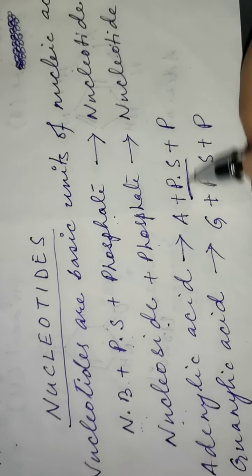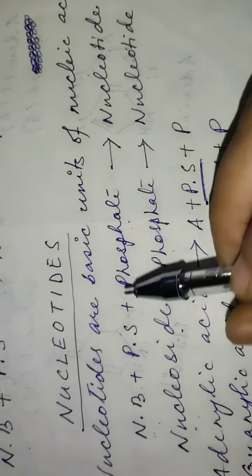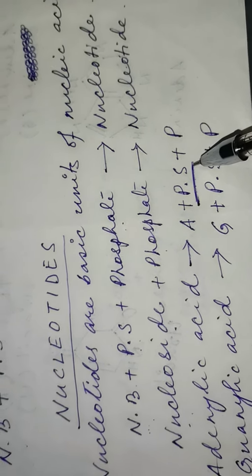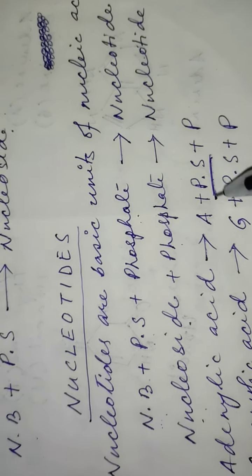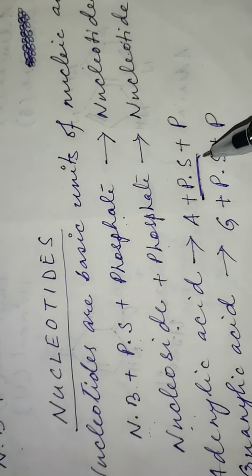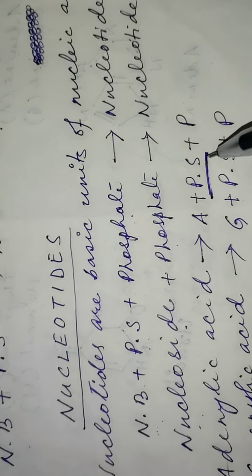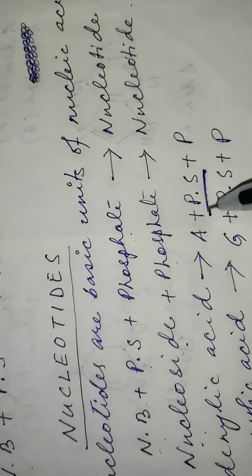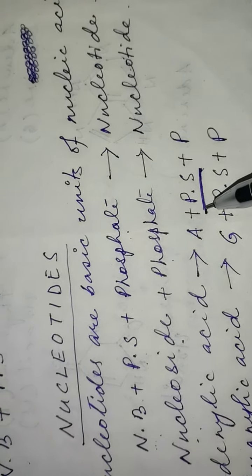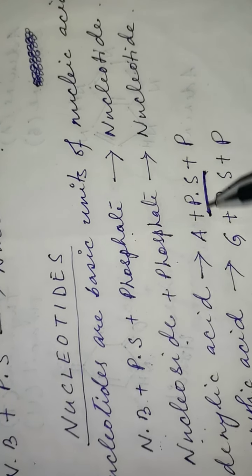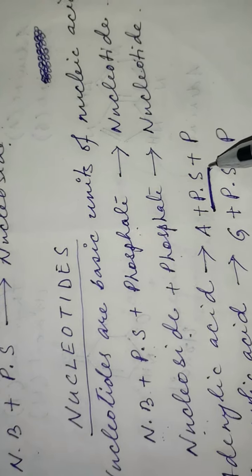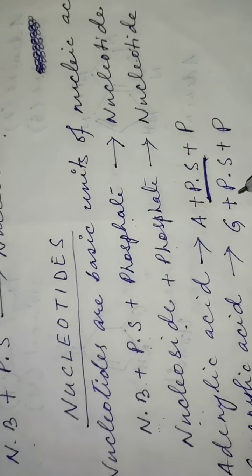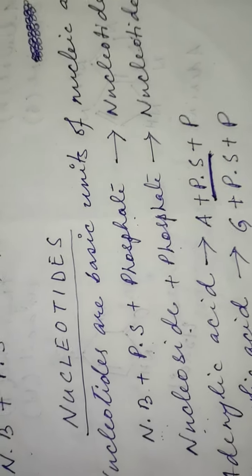And again remember, if the nucleotide is of DNA, then the pentose sugar will be deoxyribose, and if it is RNA then it will be ribose sugar. So in a short question for your competitive exam, the formula will be given and you have to choose or write the name of the pentose sugar. If it is for DNA it will be deoxyribose, if it is RNA it will be ribose sugar.